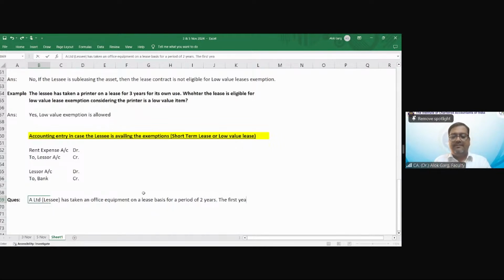The first year rental is rupees 10,000, and the second year rental is escalated to 15,000. Advise the recognition of expense in year 1 and year 2.